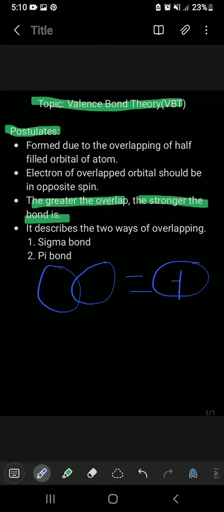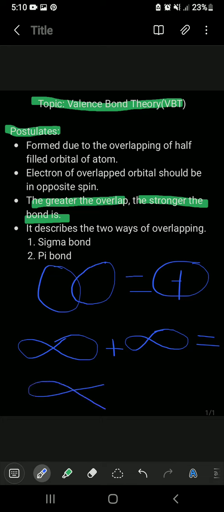If we talk about the dumbbell, meaning the y-axis or x-axis p orbital, they overlap more than the s orbitals. The greater the overlapping, the stronger the bond is.